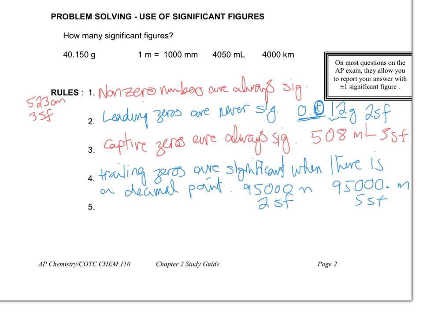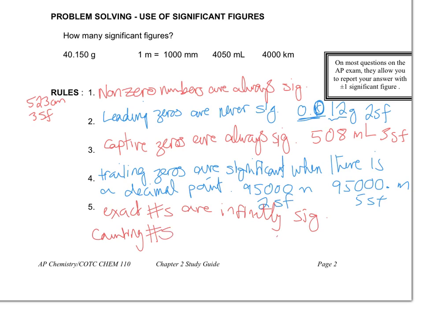Last rule, rule number 5, says that exact numbers are infinitely significant. Exact numbers include counting numbers and defined numbers.